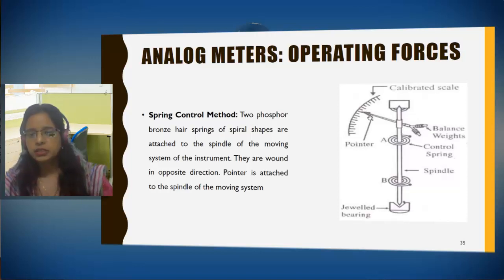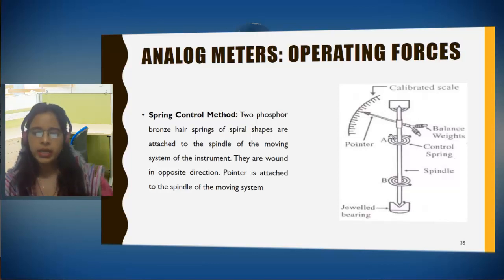Now what happens when the pointer starts deflecting? If the pointer deflects, the spindle will rotate in some direction. If the pointer is going this way, the spindle will rotate this way, right?